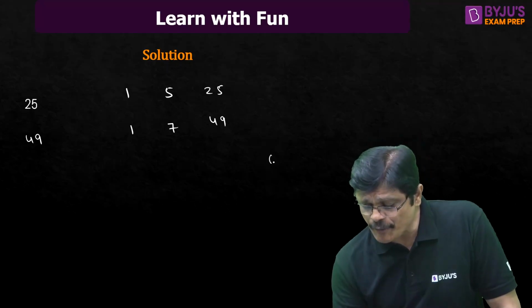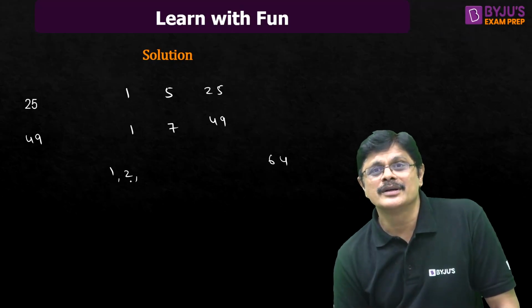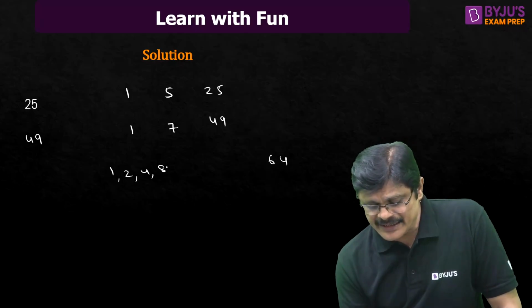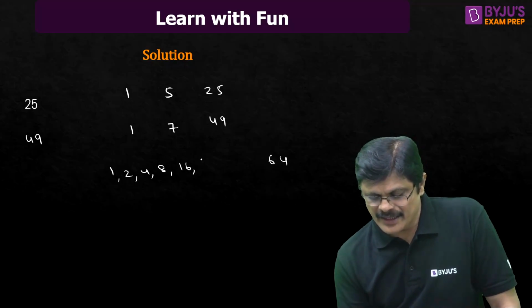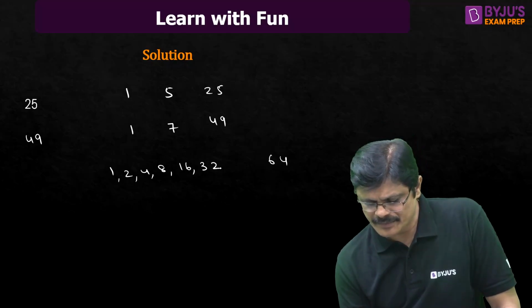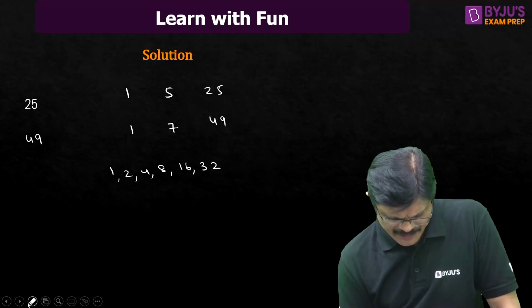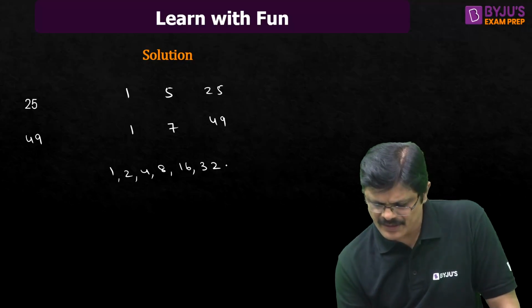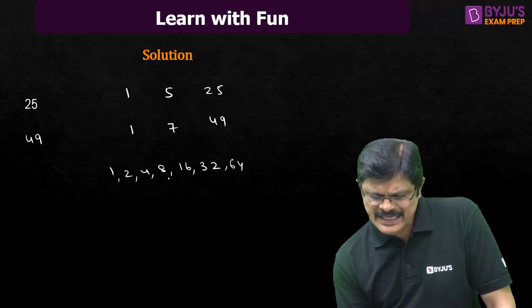Take 64: 1, 2, 4, 8, 16, then 32, then 64. Any other divisors? No, so it has 7 divisors.